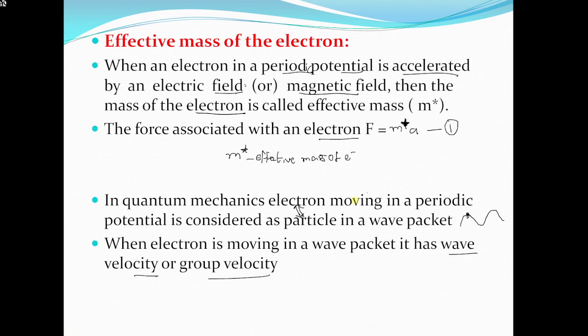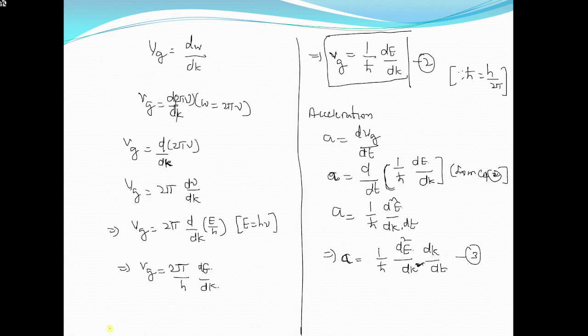So what is equation 1? F is equal to m star A. What is equation 5?